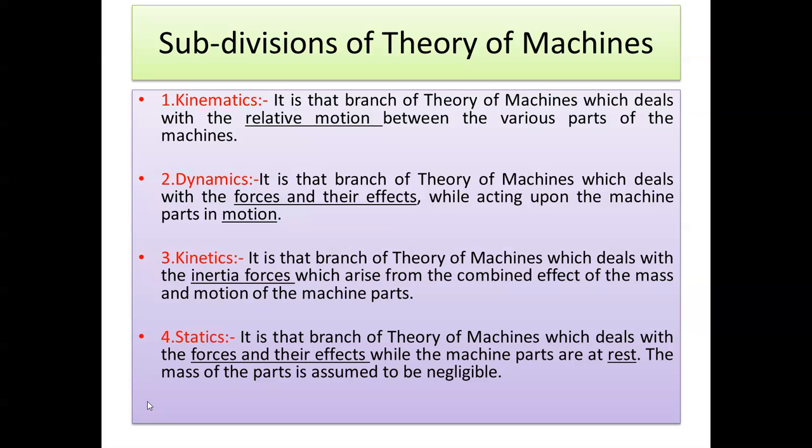And last is statics. It is that branch of theory of machine which deals with the forces and their effects when the machine parts are at rest. Here the mass of the parts is assumed to be negligible. So all these are the subdivisions of theory of machines: kinematics, dynamics, kinetics, and statics.